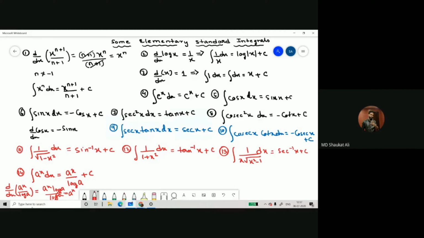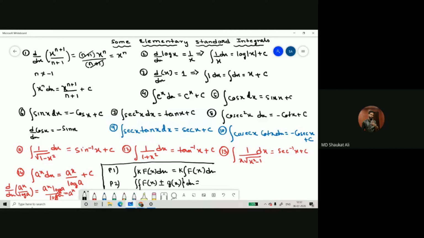Now look at two properties before we start the exercise. Property 1: integration of k f(x) dx, where k is a constant, becomes k comes outside, like we used to do in differentiation, k times integration of f(x) dx. Is it clear? Property 2: suppose you have function f(x) plus minus g(x) dx.